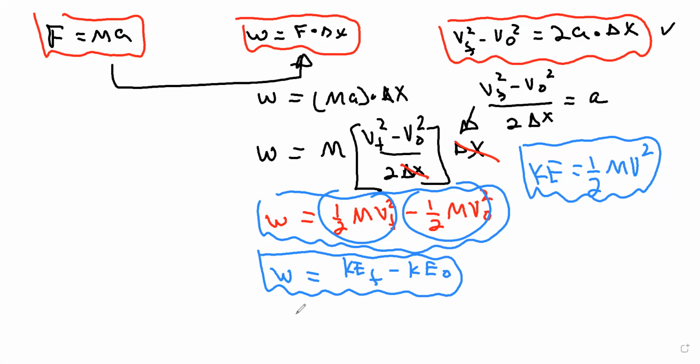We can say that the work is equal to delta kinetic energy. And this will give you your relation for the theorem of work and energy. So this is the theorem. This is a work energy theorem. So we call it the work energy theorem.